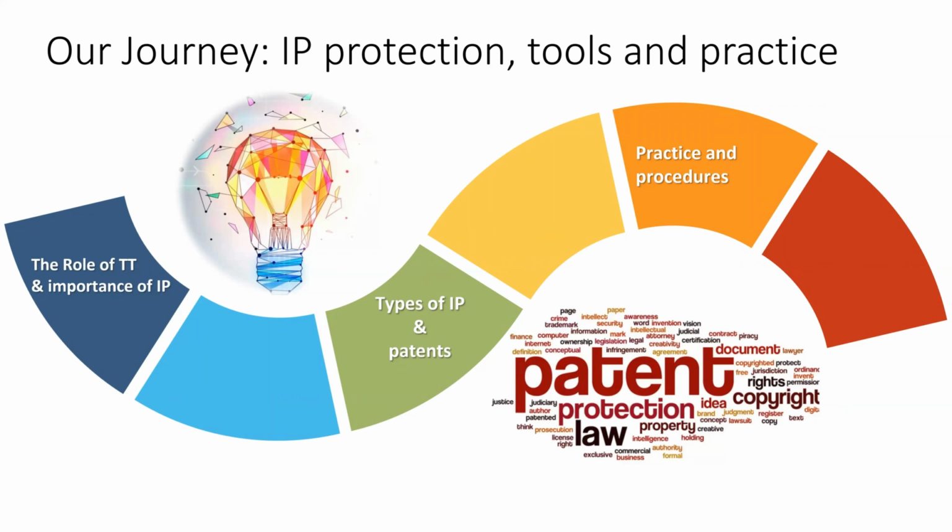Then we'll have a quick review of the different types of intellectual properties and a deeper focus on patents, which are one of the different intellectual properties that can be managed, but probably statistically the most important one and the most occurring one in our practice in the universities. And we'll see a bit of practice and procedures about how to manage and protect patents. Okay, let's start.